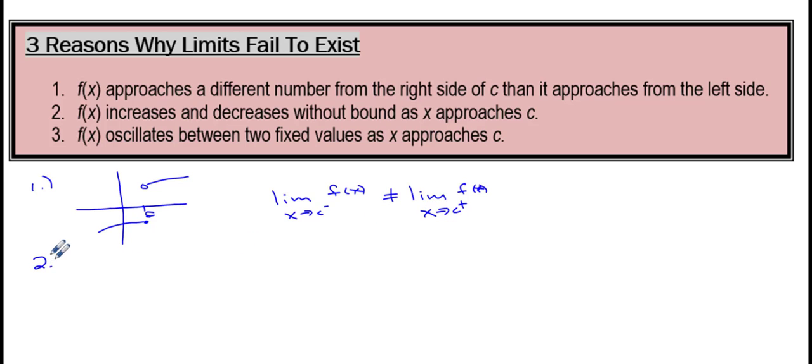Number 2 is one we looked at yesterday also. f of x increases and/or decreases without bound as x approaches C. How would that look? If we have C right here, we have some function and then it shoots off towards infinity like an asymptote or something, right?